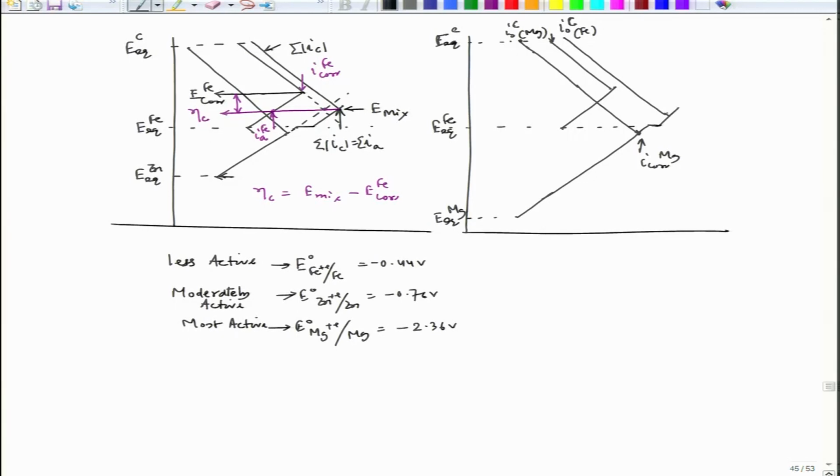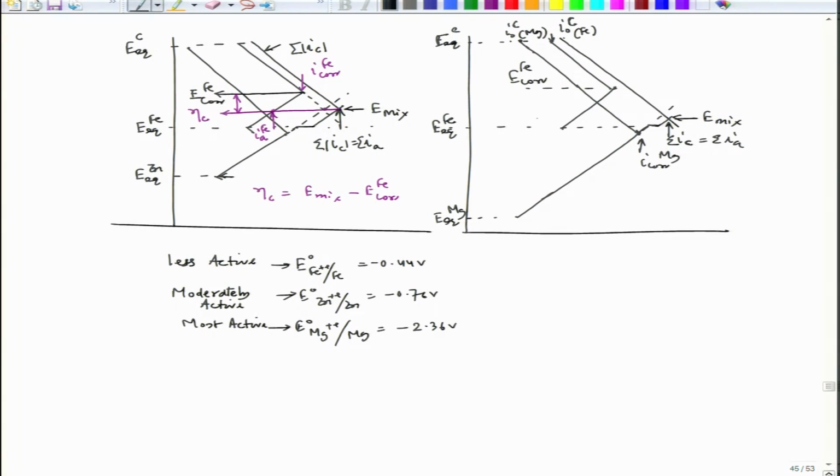So, this becomes my mixed potential: summation of IC equals summation of IA, this potential is E mix, and this is E corrosion of iron.